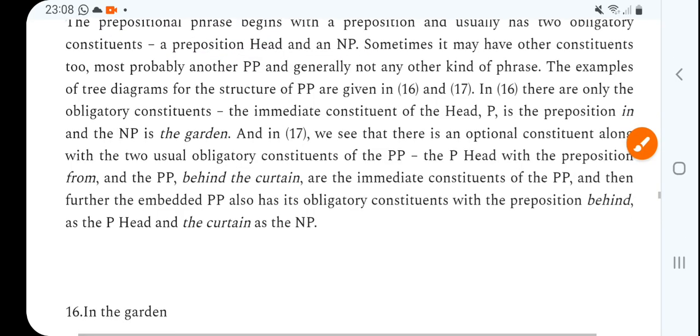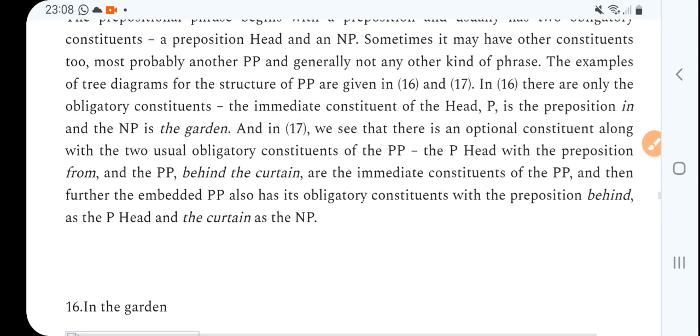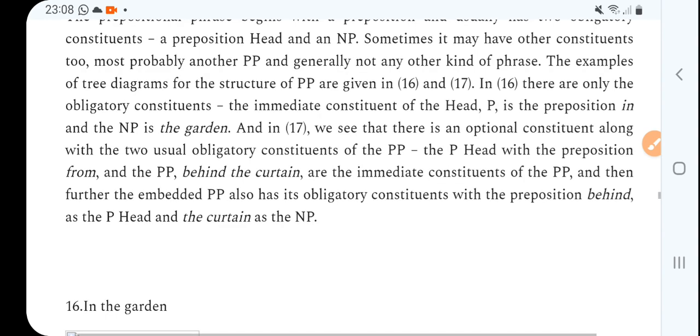Sometimes it may also have other constituents too, most probably another PP. So within a PP there can be another PP, and generally not any other kind of phrase.